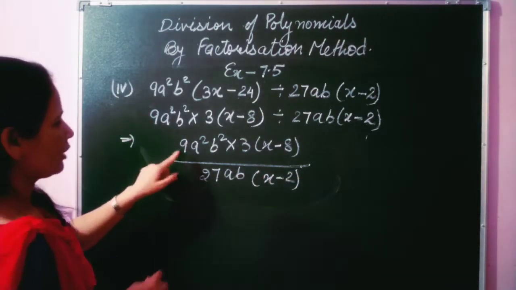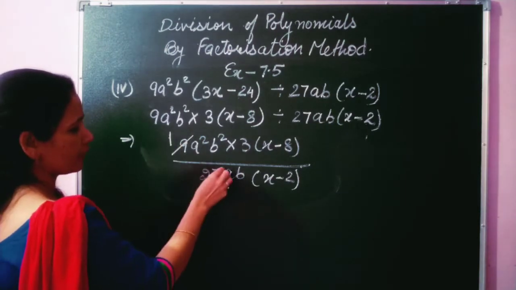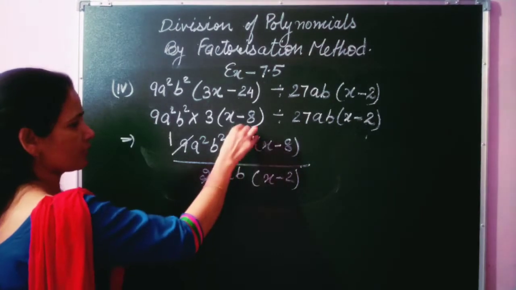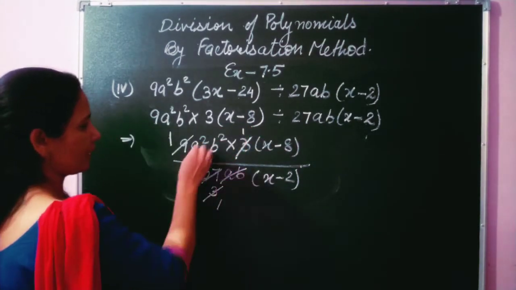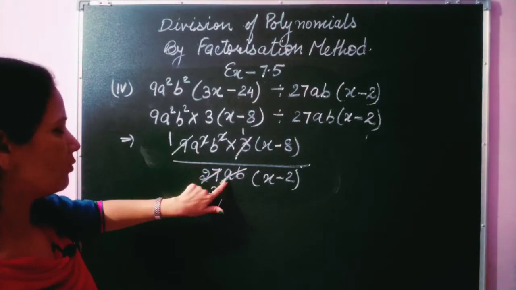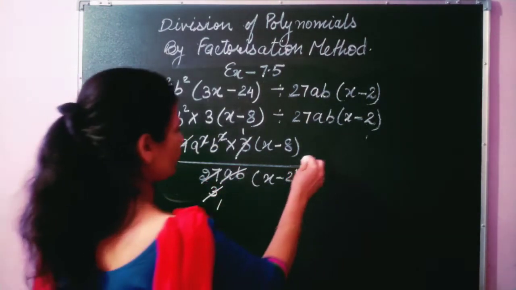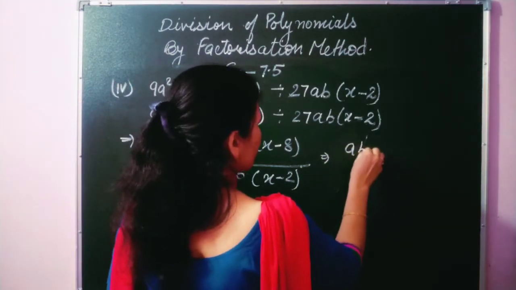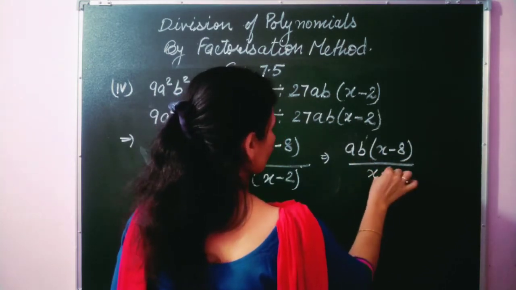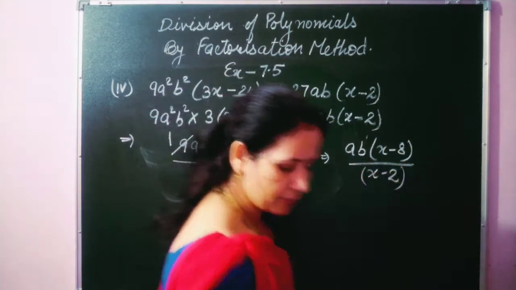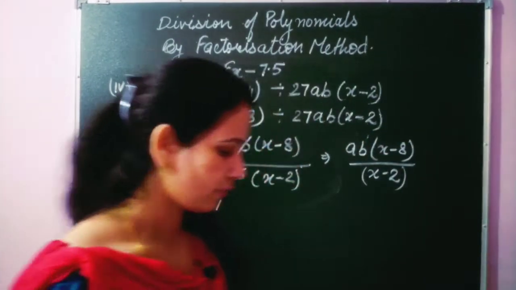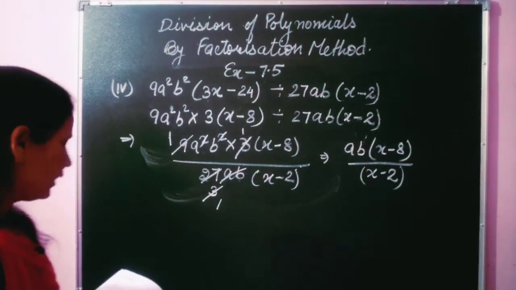We can observe 9 ones are 9, 9 threes are 27, and 3 cancels 3. ab cancels with a square b square, so 2 minus 1 is 1 and 2 minus 1 is 1. From here we get ab into x minus 8 divided by x minus 2. This is our final answer.